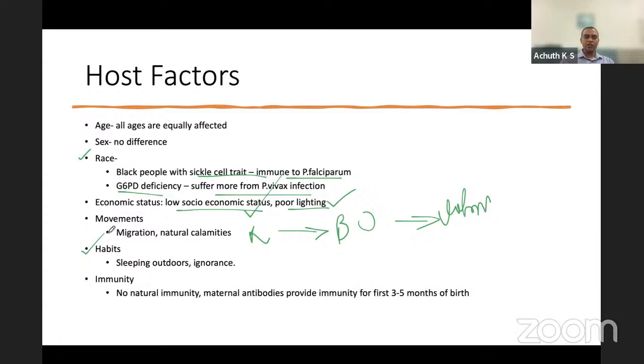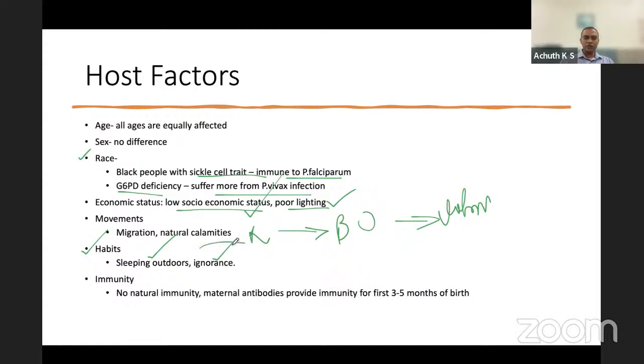And other habits we have in India, which I used to do when I was a kid, sleeping outdoors. Why? In summers, we tend to sleep outdoors because it is very hot and we don't have fans or ACs, and affordability was also a big question. And ignorance. Most of the time we used to ignore that a mosquito does nothing, it just bites and goes off.